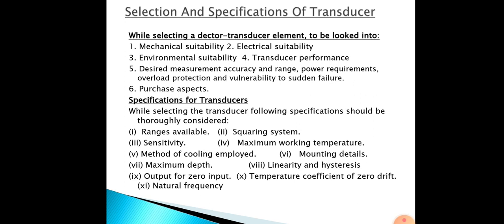The next one is electrical suitability, in terms of sensitivity and frequency response. The next one, environmental suitability, in terms of magnetic field, vibration, dust and humidity, supply frequency. The next one, transducer performance, in terms of calibration accuracy. Okay. The next one, desired measurement accuracy and range, power requirements, overload protection and vulnerability to sudden failure.